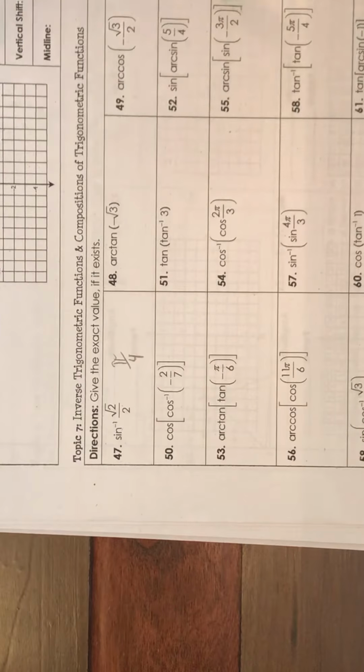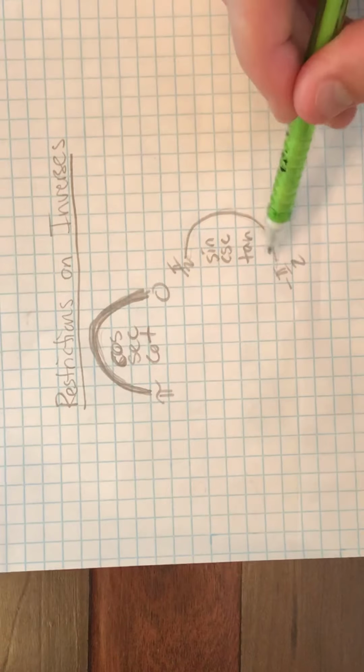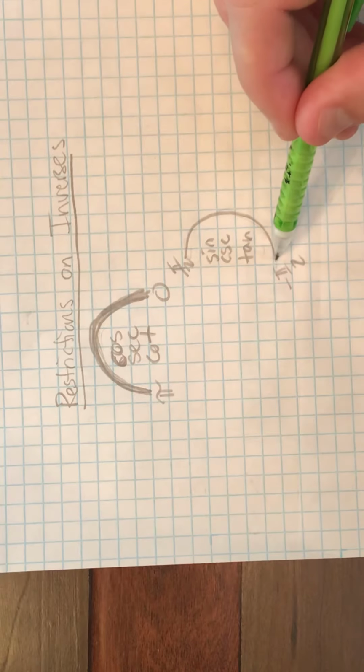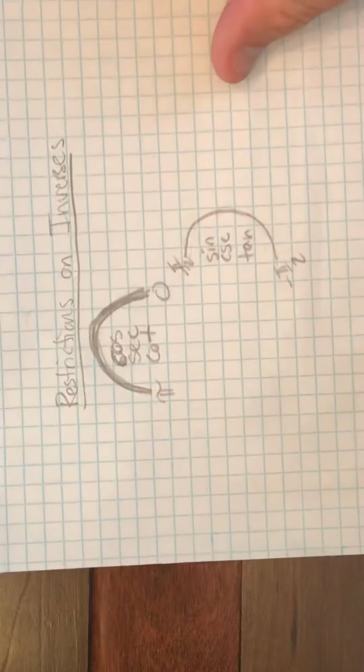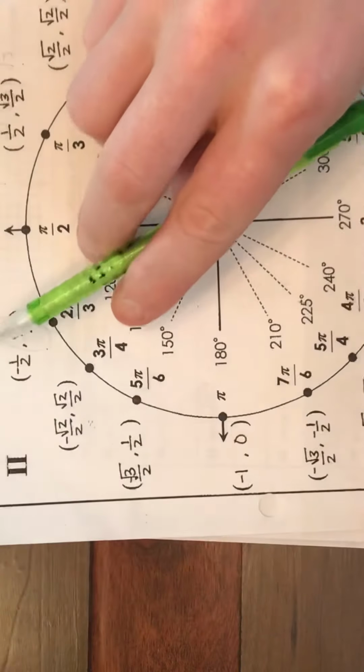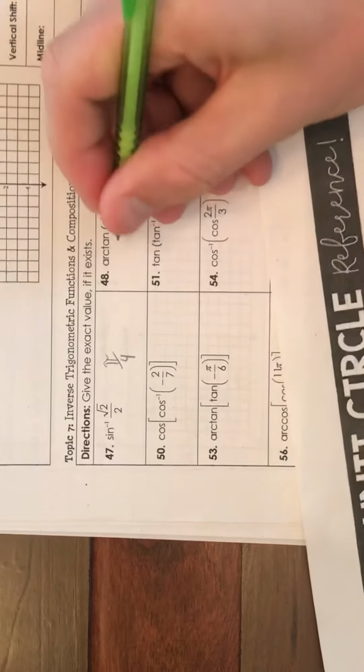And the thing we have to take into account once again is our restrictions. If we take a look at these, it looks like tangent is restricted to negative pi over 2 to positive pi over 2 when we're dealing with the inverse. So if we're checking out the 2 options we had, which were 2 pi over 3 and 5 pi over 3, 5 pi over 3 is the one that works for us.